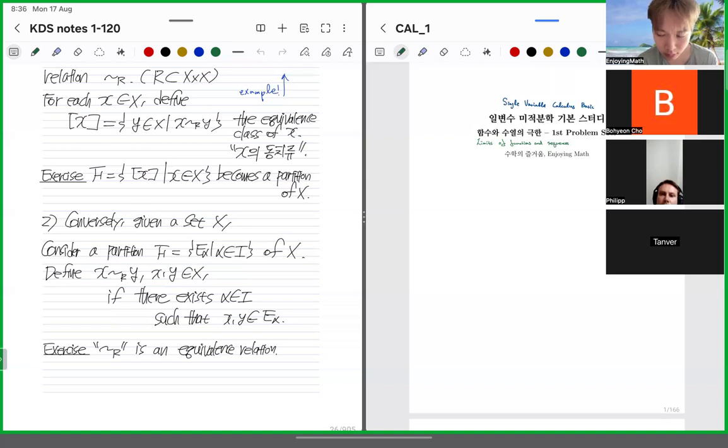For example, let's say we have a set A and a collection of non-empty subsets of A, let's say U. We call U a partition of A if the union of all the subsets in that collection is equal to the original set A, all of the subsets are distinct, so if we take an intersection, it will always be an empty set, and all of the subsets are non-empty.